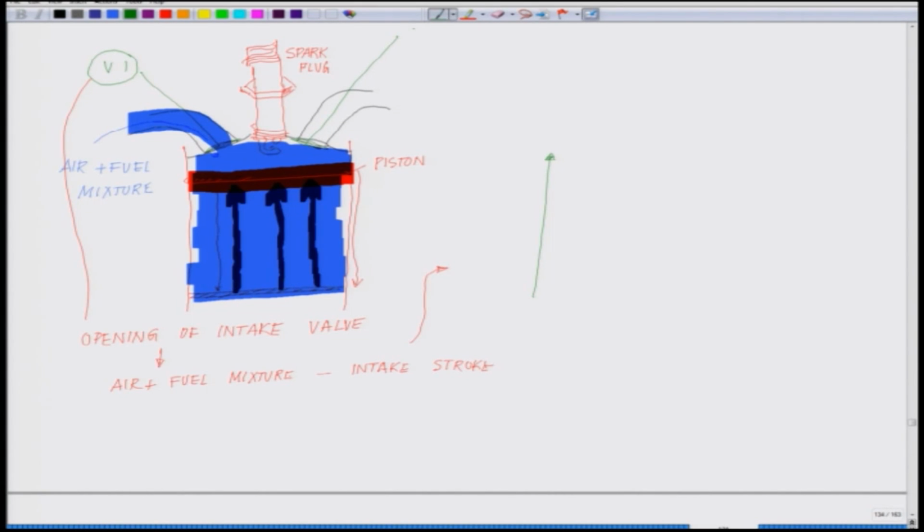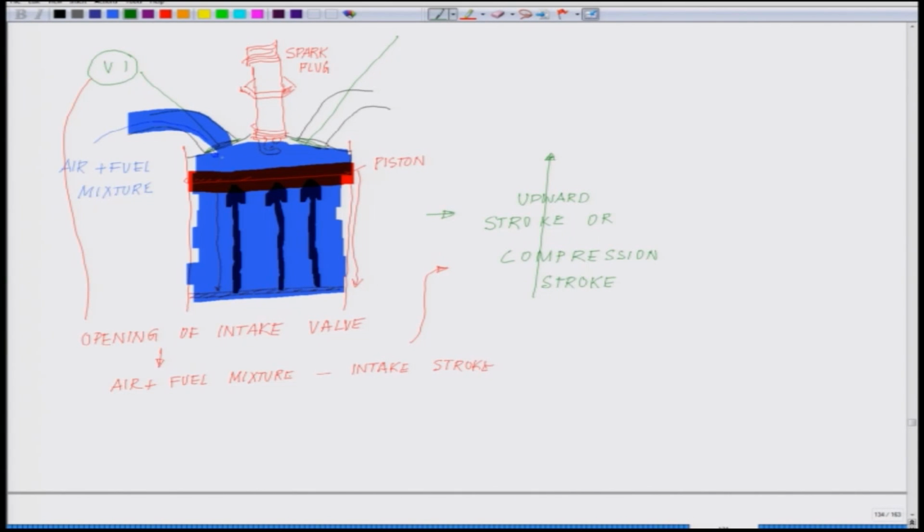This is called your second step, followed by the upward stroke or compression stroke. It is called the compression stroke because you are compressing the gas, compressing the mixture, or the fuel. This is step 2 where you are doing the compression stroke.